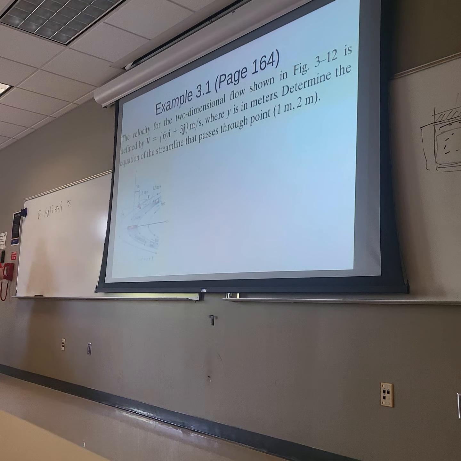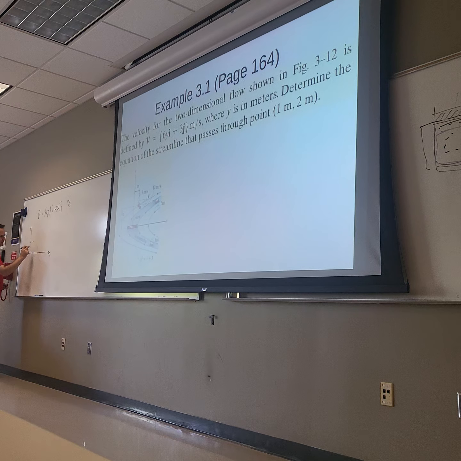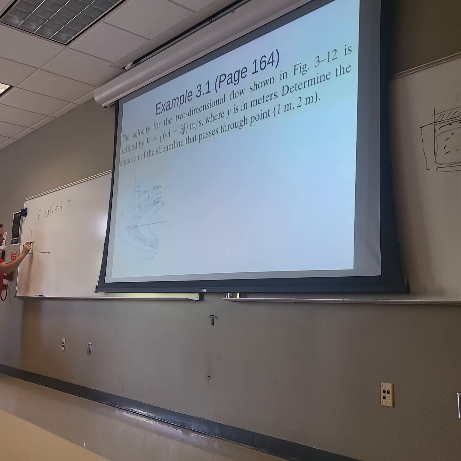And then they say the flow is two-dimensional. They want the equation of the streamline that passes through the point (1, 2). So if you draw your Cartesian xy, x is equal to 1, y is equal to 2, so that point is right here.